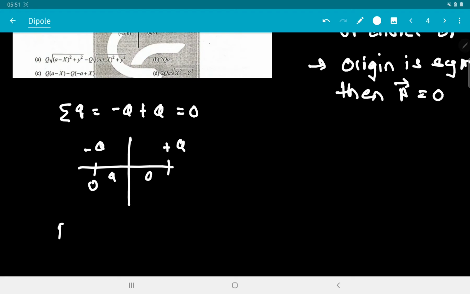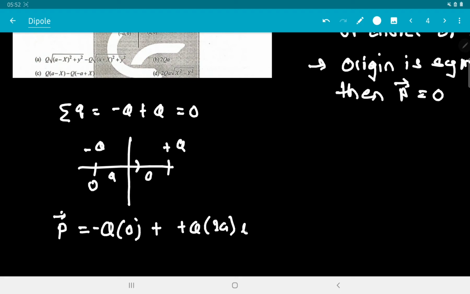So the net dipole moment will be in this direction. We can write the net dipole moment as q, minus q charge which is at the origin, so it will be 0, and plus q charge which is at a distance of 2a.